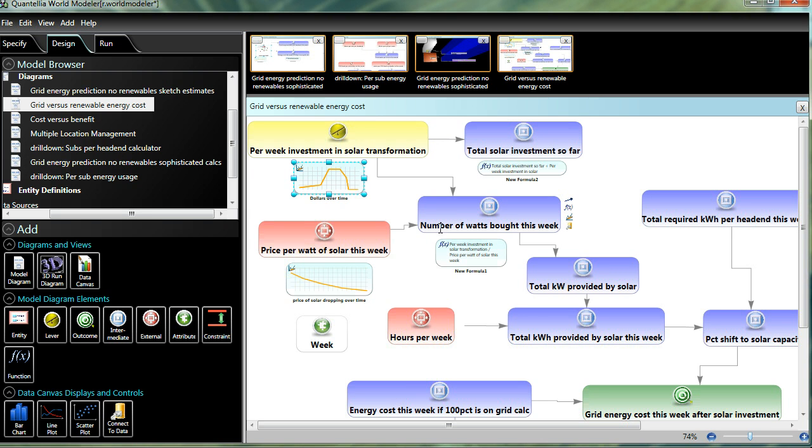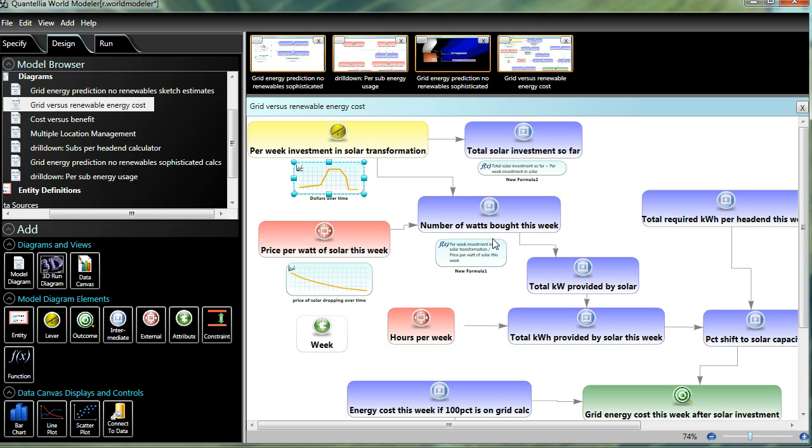So this just takes the price per watt of solar as we project it going forward, marries that together with how much we're spending each week, and that will tell us how much we can buy in solar generation capability. So this is not kilowatt hours that we're buying. We're not buying power off the grid. We're buying generation capability. So when I say watts here, we're not really buying power. It's just solar panels that can generate that power.